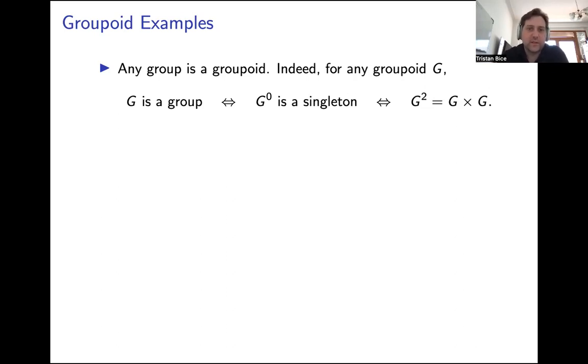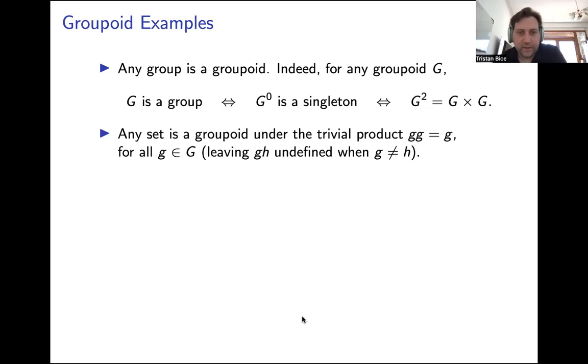This is really equivalent to saying that there is a single unit. Or equivalently, it's equivalent to saying that the product is defined everywhere. So really, the feature of having many units in groupoids is in a sense the same feature as only having a partial product instead of a full product defined everywhere.